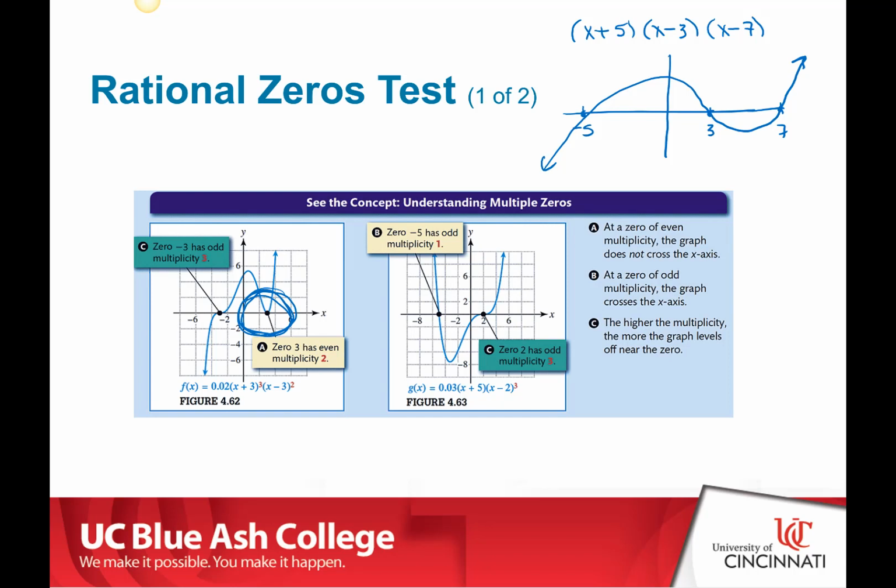Here is x minus 3, which is the factor, and it right now has a multiplicity of 2. If we increase that multiplicity, the higher the multiplicity, the more the graph levels out near that point. Which would mean that instead of coming down quite so steep, instead of coming down like this, it would come down more like this.